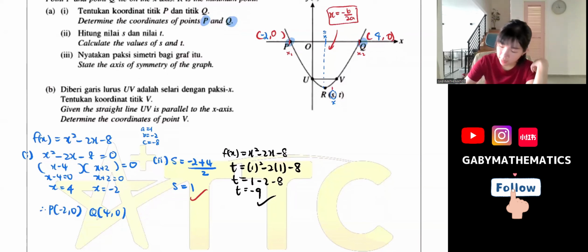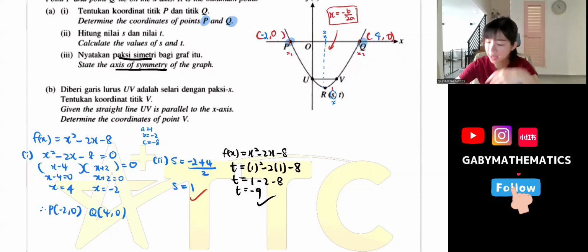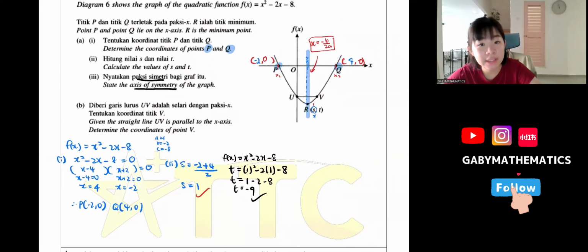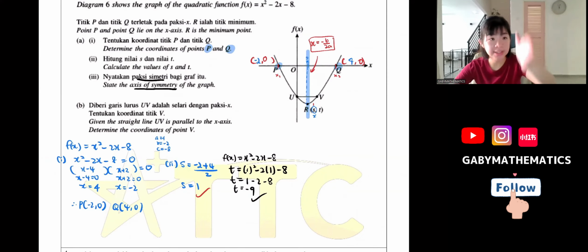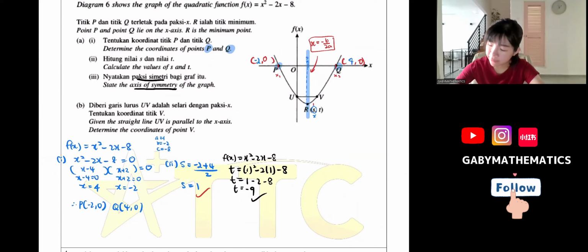Okay, number 3. What is the axis of symmetry? Anybody can give me an answer? The axis of symmetry is this line. So you know it's a vertical line. When it's a vertical line, the equation definitely starts with x. Vertically go down, touch x. So this line is definitely x equals what?